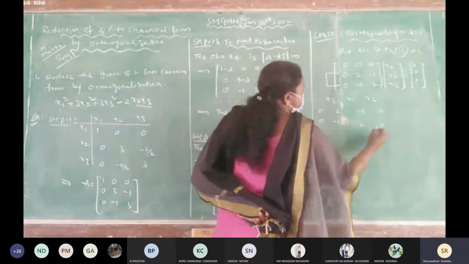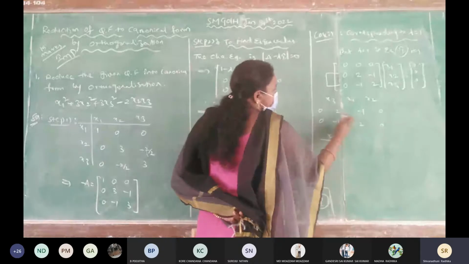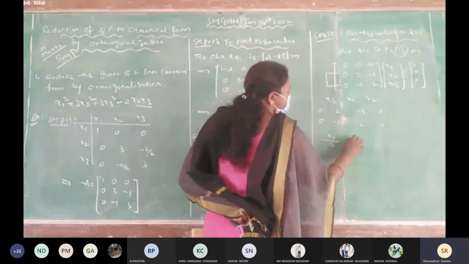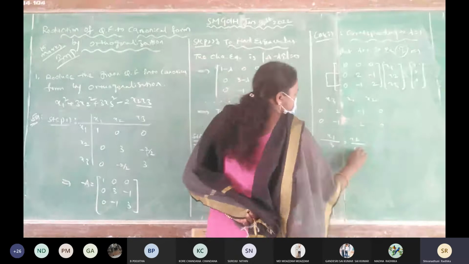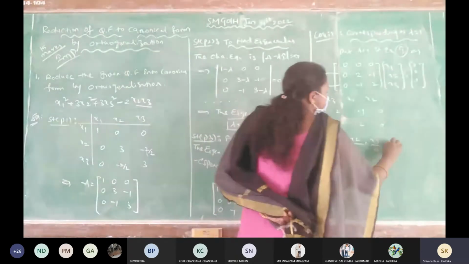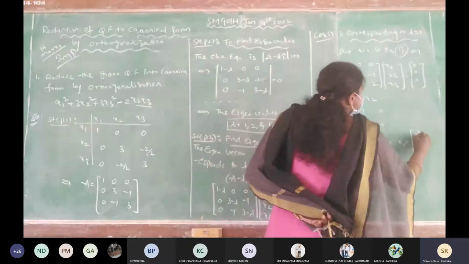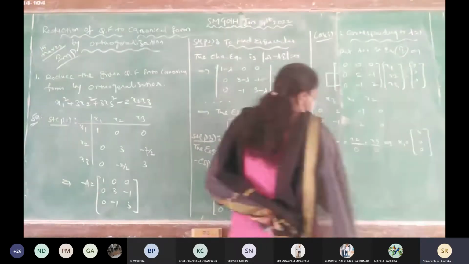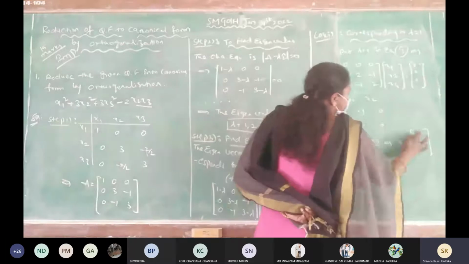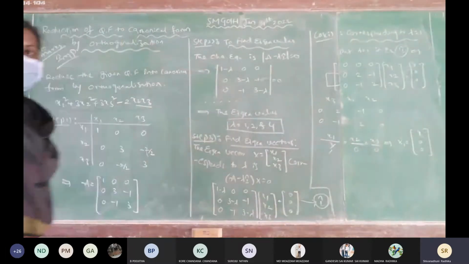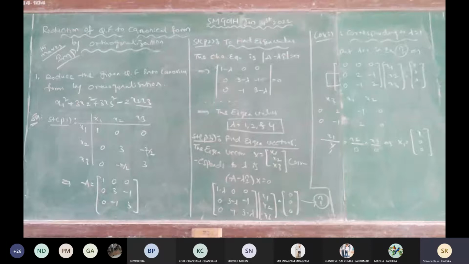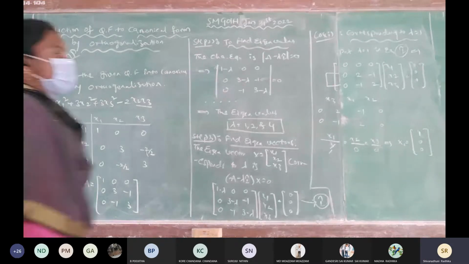Here the 0 is repeated. By simplification, x1 by 4 minus 1, which is 3, and x2 by 0 and x3 by 0. Then the first eigenvector is 3, 0, 0, which can be written as x1 equals 1, 0, 0. Are you clear? Yes, ma'am. Next we find the normalized value.